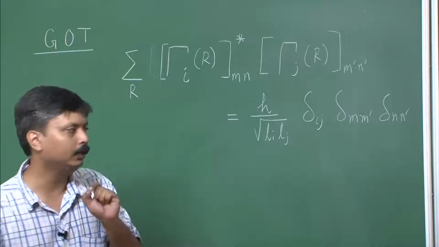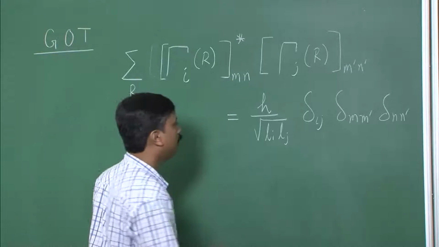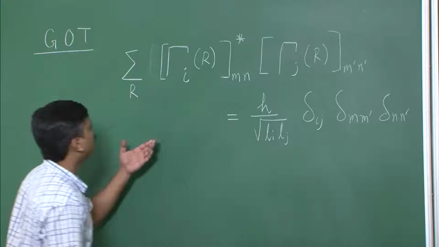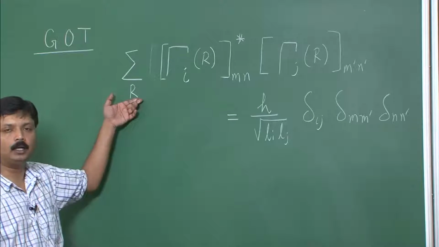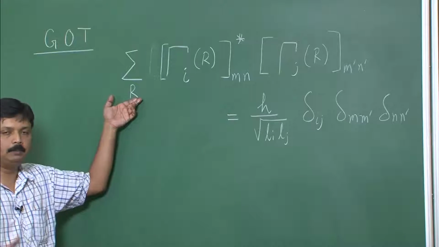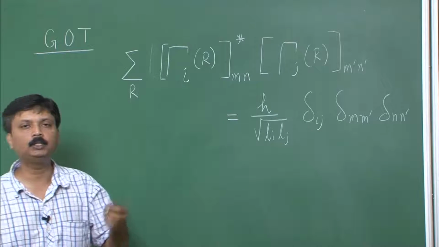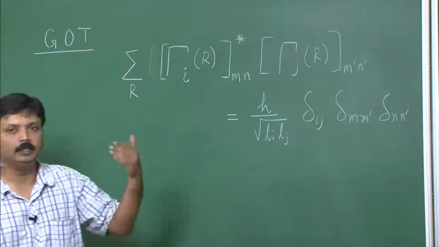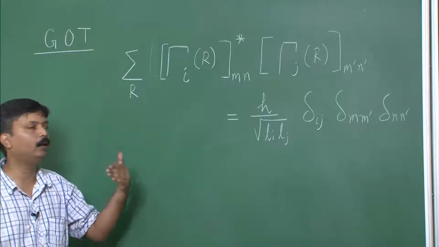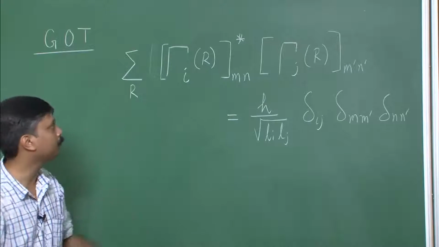Any irreducible representation. And R stands for symmetry operations. So for any given symmetry operation, R will change, like R is E, R can be Cn, R can be Sn, all these things.